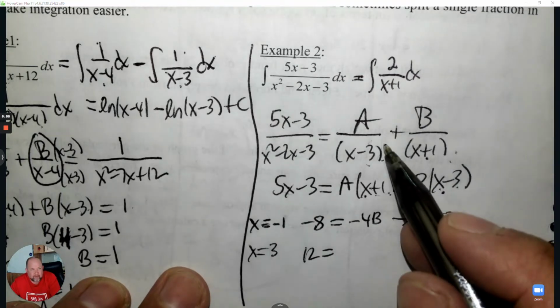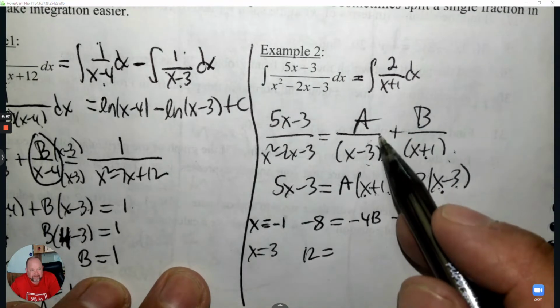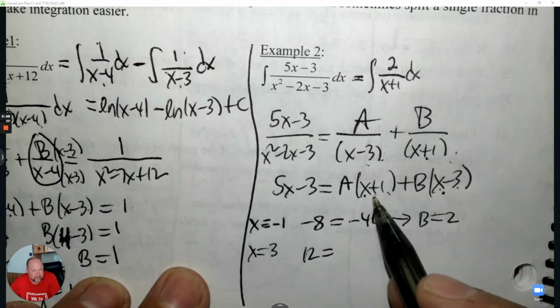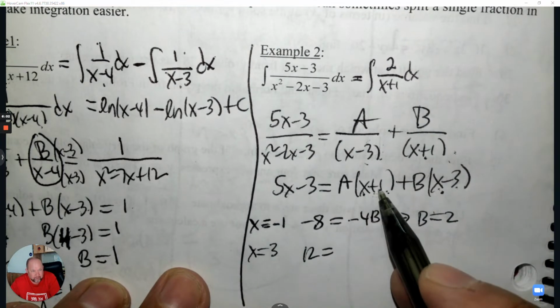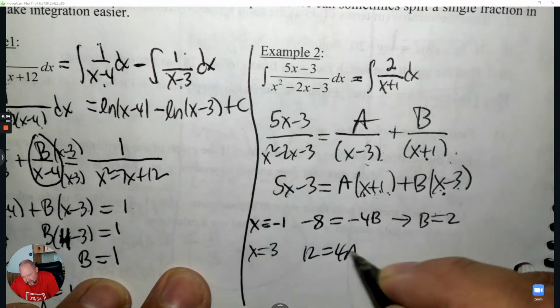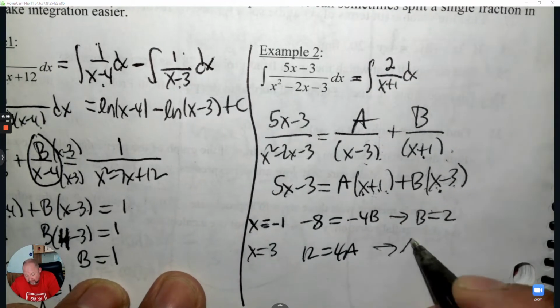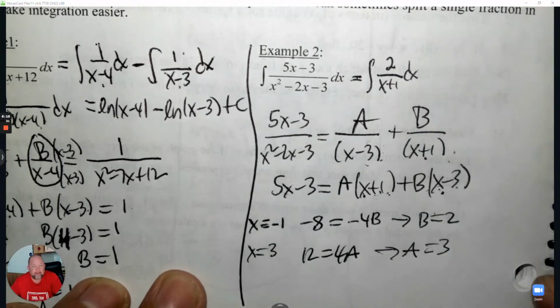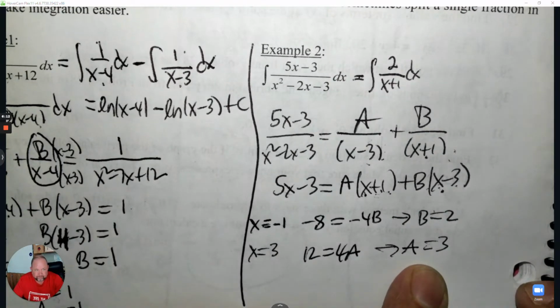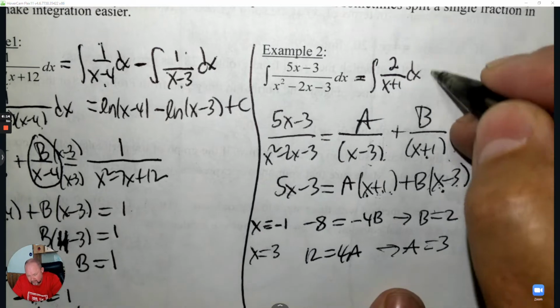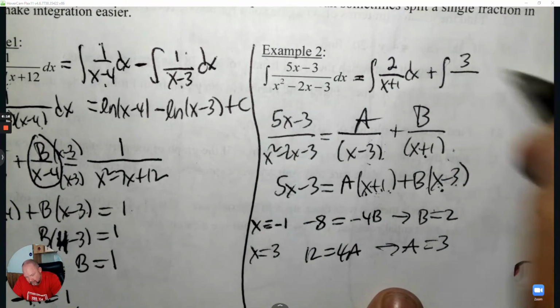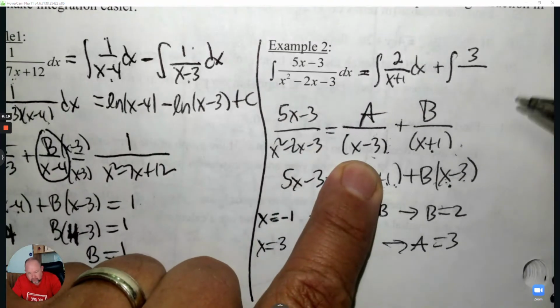Plug in +3, and 3 plus 1 is 4a. And then of course 3 take away 3 means that's 0. Alright, solve for a here, divide by 4. And a is equal to 3. So that's our second fraction. So plus 3, now a is over x minus 3.